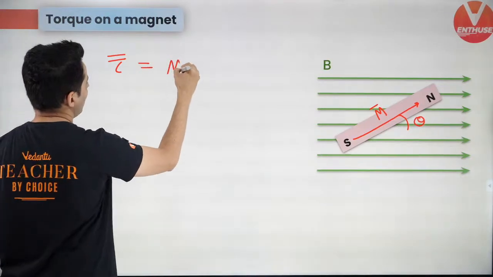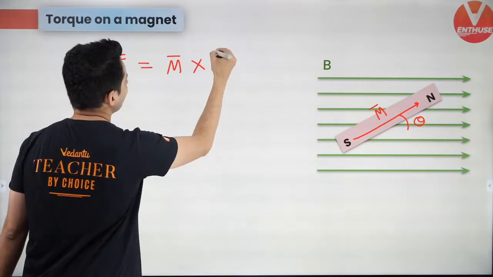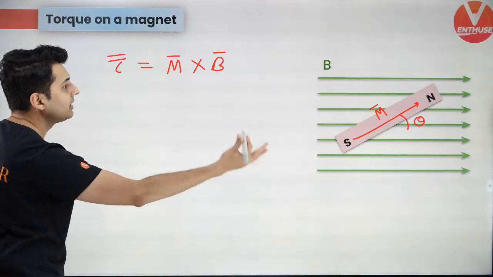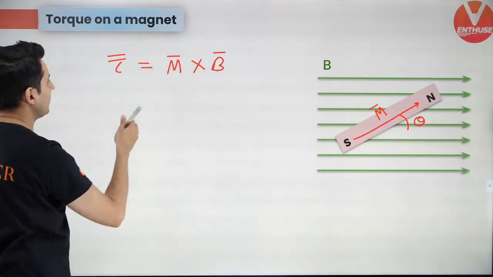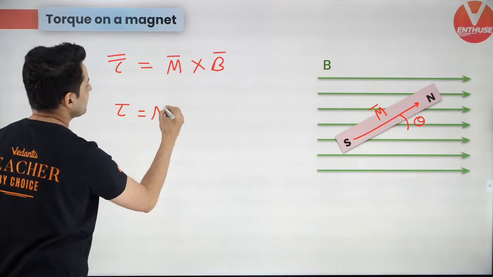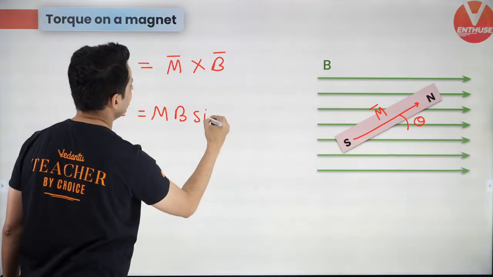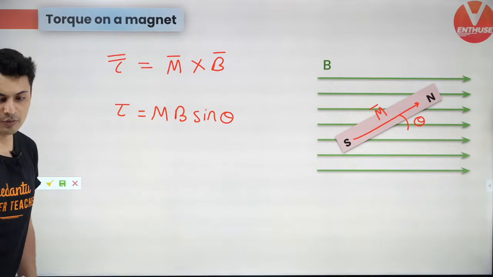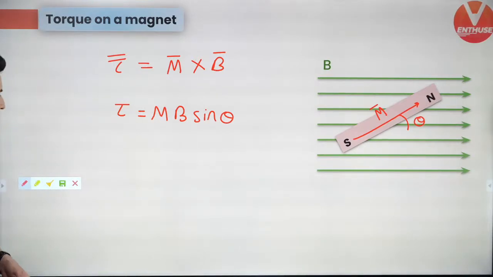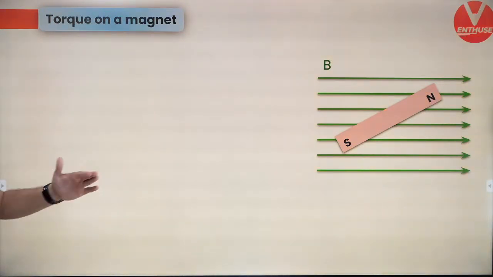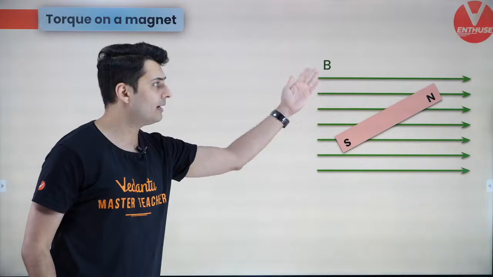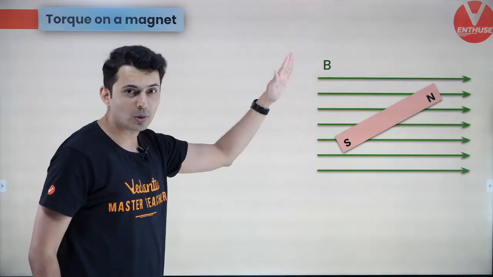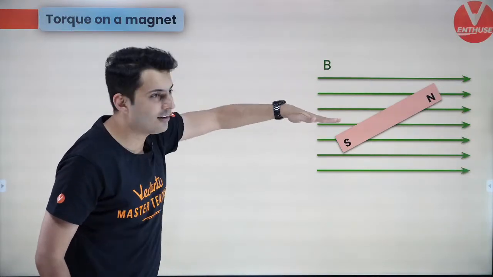Vector form is M cross B. Instead of P cross E in electricity, here it is M, the magnetic dipole moment, cross B, and magnitude wise it is MB sine theta. We have seen this before as well. Yes, you will have a torque, very simple. So if you have a bar magnet in somebody else's field, maybe this is the Earth's magnetic field, maybe you have a magnetic needle, there will be a torque which will rotate the needle and align it in the Earth's magnetic field.